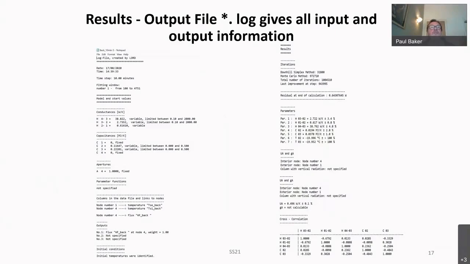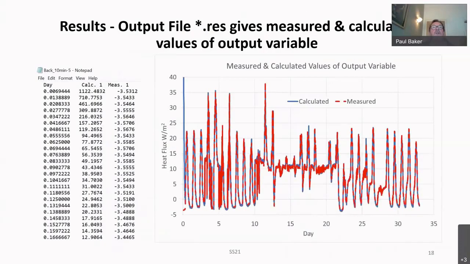The output files: you have a log file which gives all the input and output information concerning the model. And you have a res file which gives the measured and calculated values of the output variables. So you can use that for further statistical analysis and for comparing, for example, identifying the residuals and doing statistical checks.